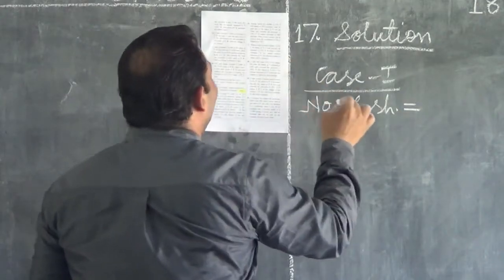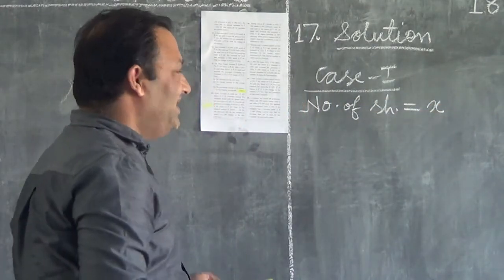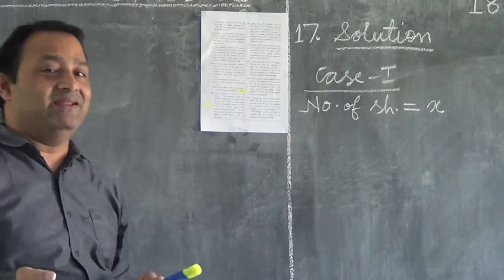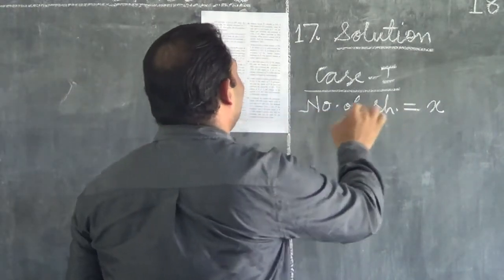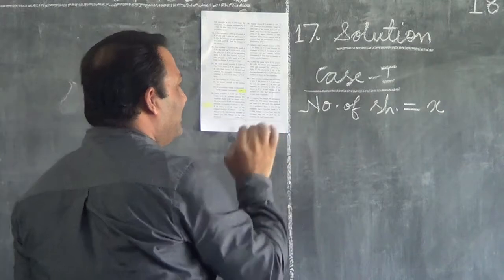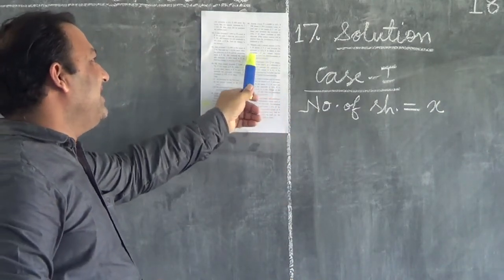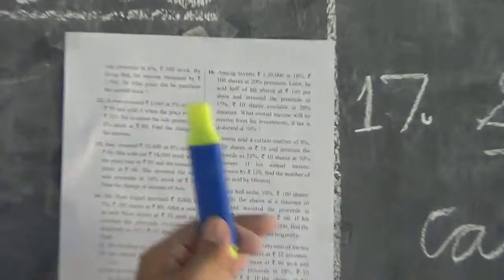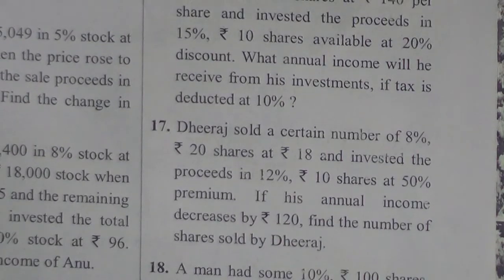Dheeraj had X shares, then only he will sell. So number of shares I wrote X. And remember, as the question is saying there is decrease in the annual income, so we have to calculate the annual income of case 1.